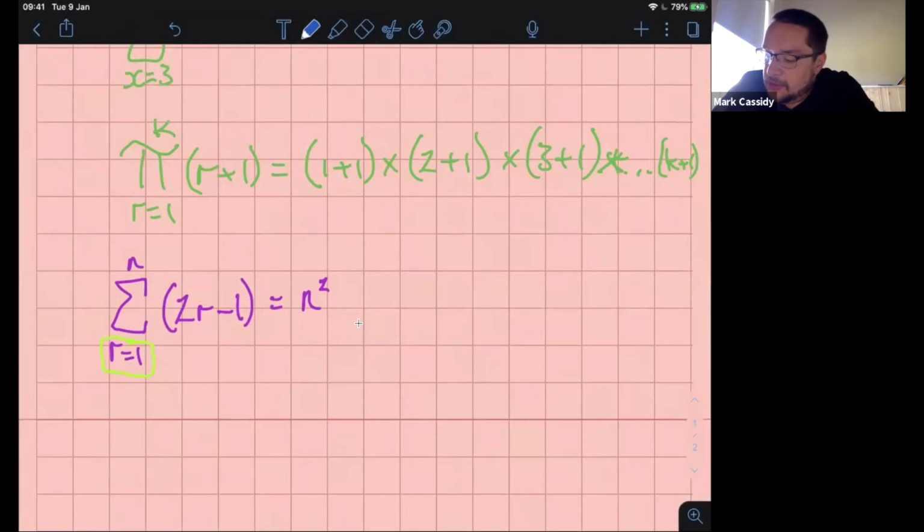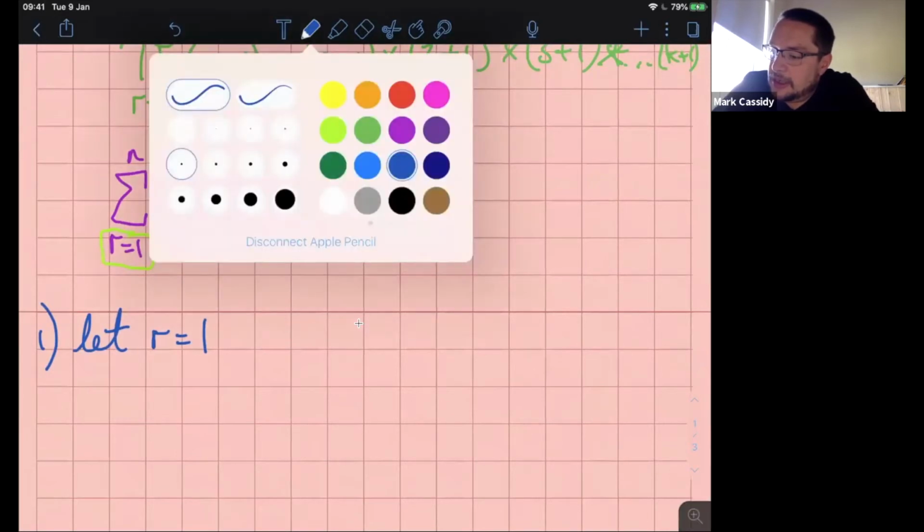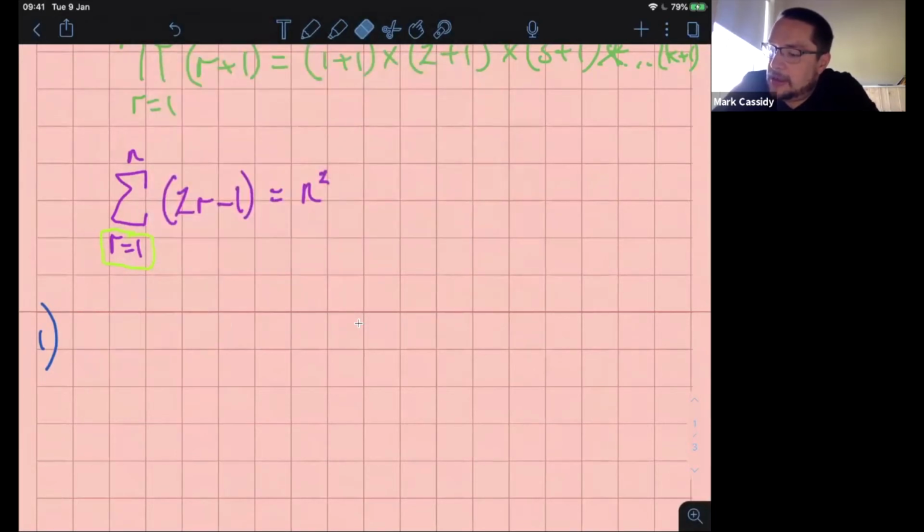So we're just going to do that. We're going to let r equal 1, and this is part 1. So step 1 is an example, and this is a really important step, and it'll all become clear at the end what we're doing.